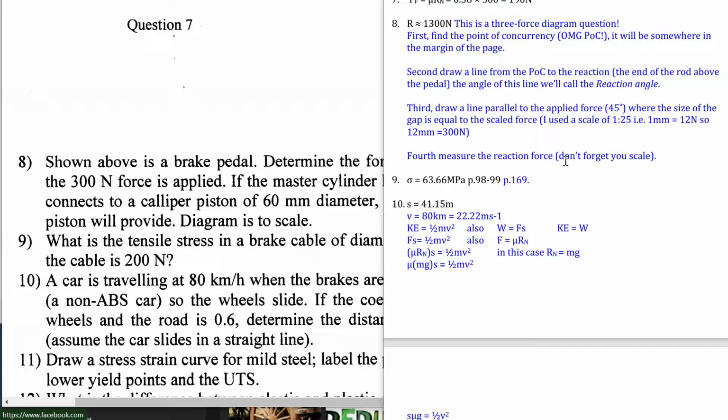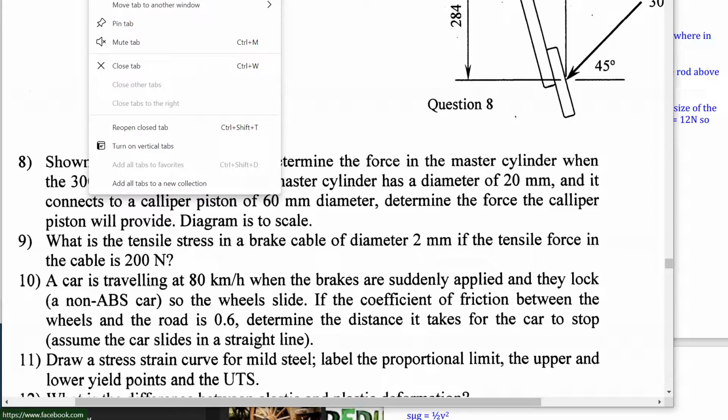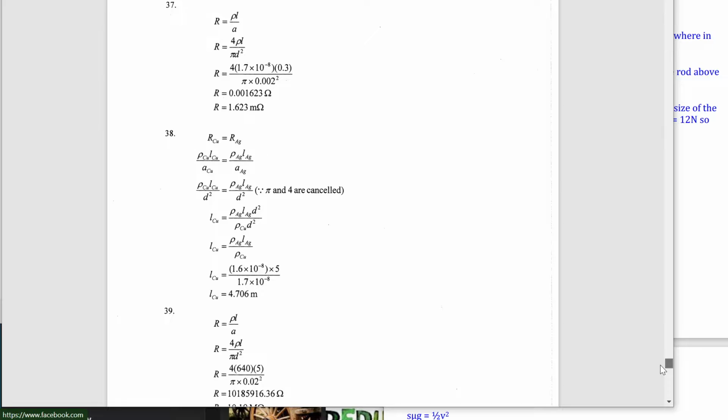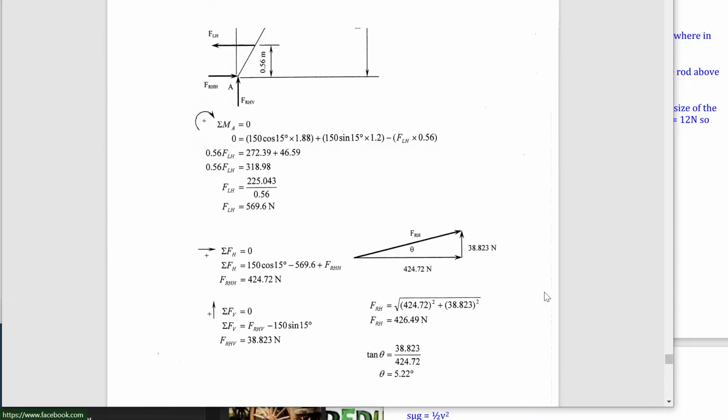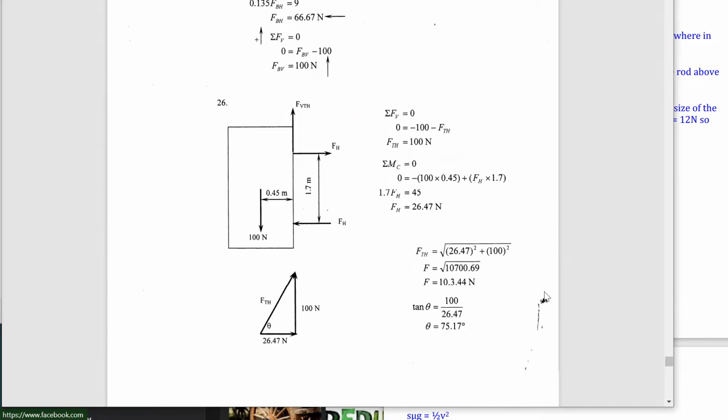It didn't go in a whole lot of working out there. Okay, so let's have a look. I'm just curious if I can duplicate this. I can, that's nice. Is this book 2?